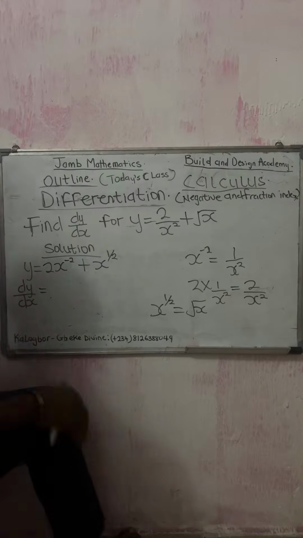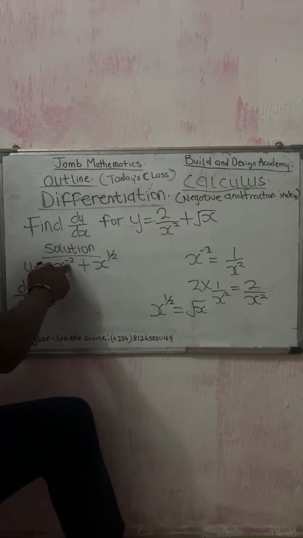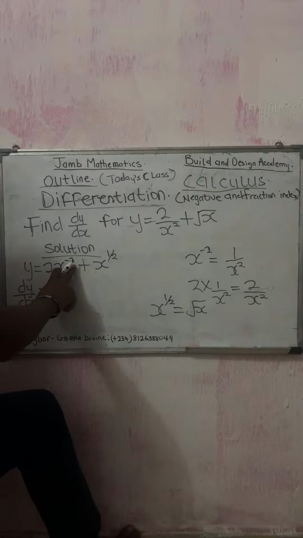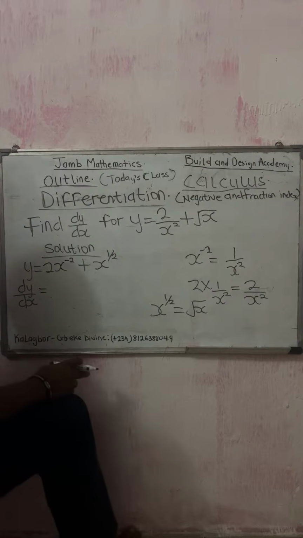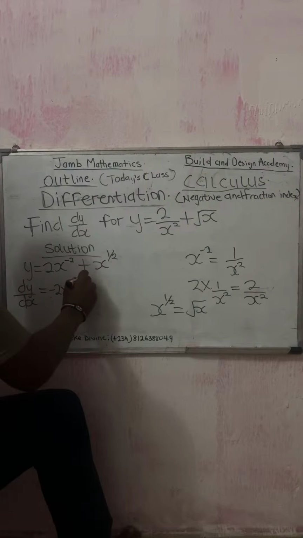From our power law, for 2x raised to the power minus 2, we know that minus 2 is the power n, so it will be minus 2 times 2x raised to the power minus 2 minus 1.